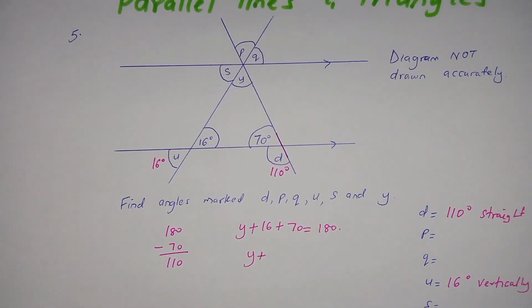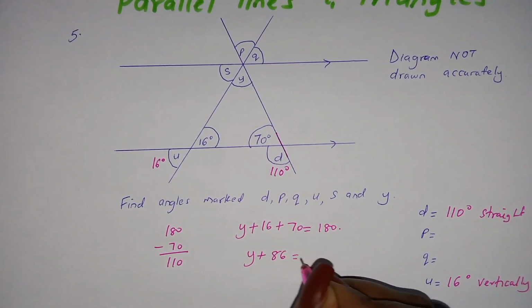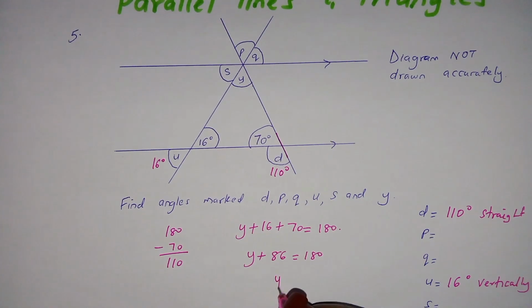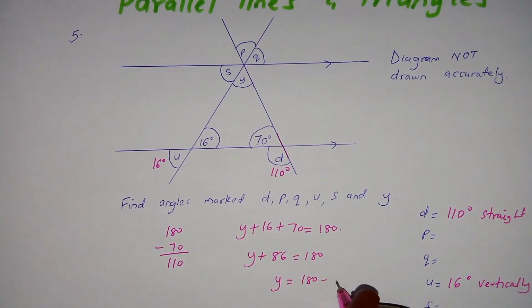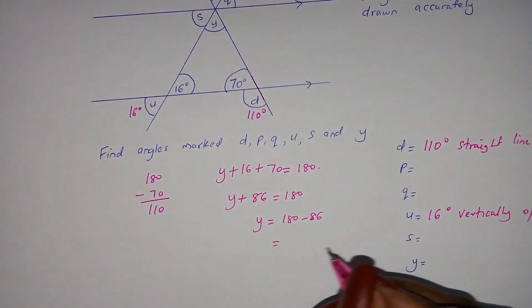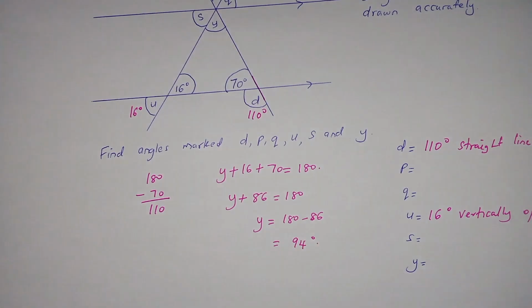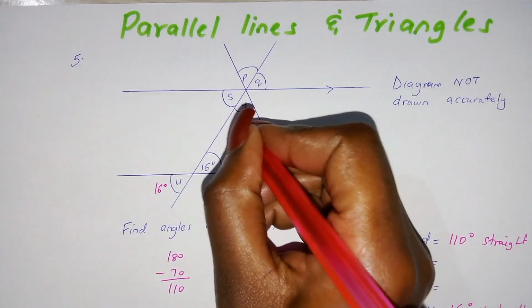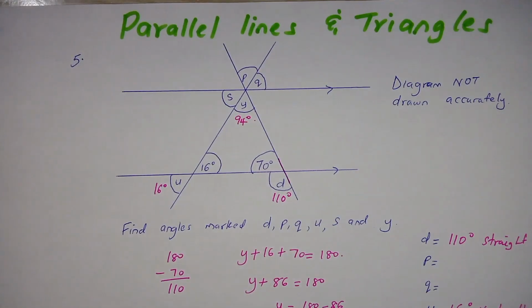Therefore Y plus 86 equals 180. Y equals 180 minus 86. And that is 94 degrees. So Y equals 94.